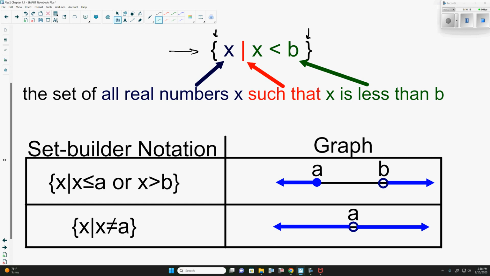Now the first main part is this here, this X. It is describing the types of numbers that we're using. Unless it states it in the problem, whatever we're trying to write in set builder notation as integers, natural numbers, whole numbers, we are going to use all real numbers.